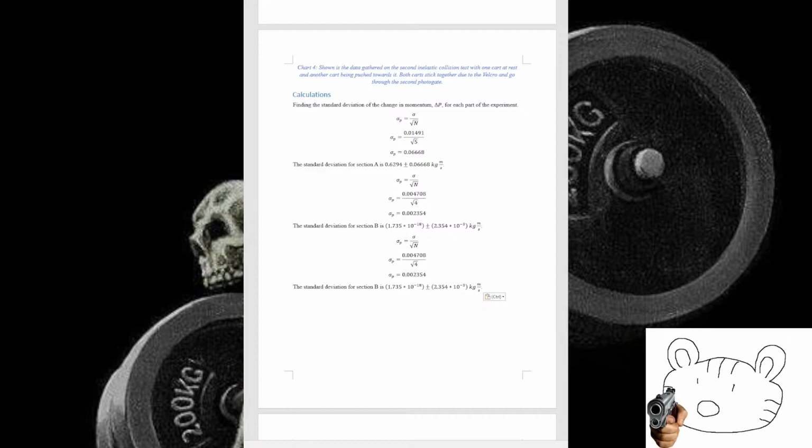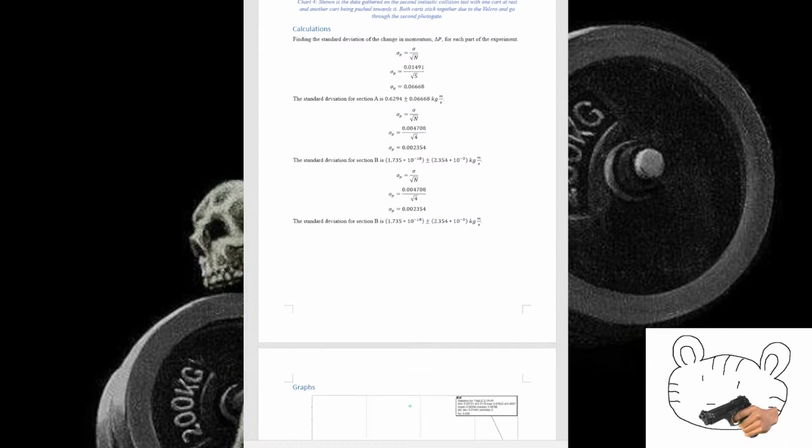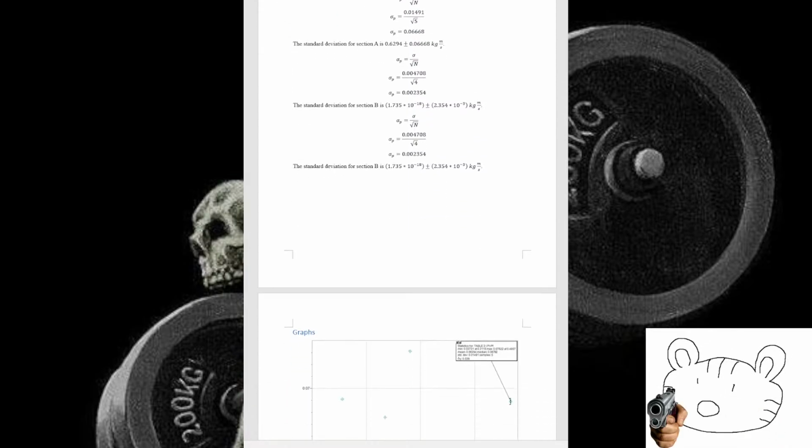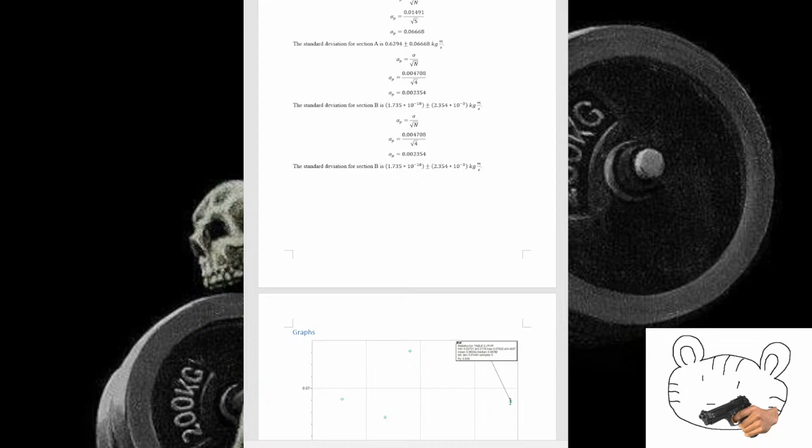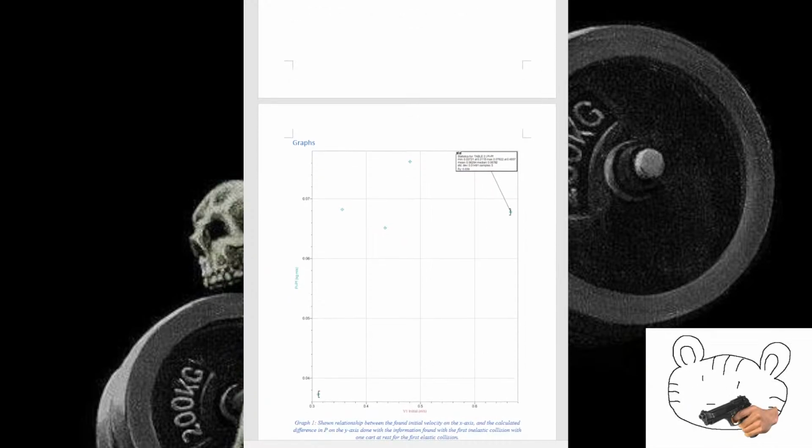See, this is what I mean by how lab reports are extremely tedious, because you're just doing the same thing over and over again. Okay, so for this one, did I not? No, I did do statistics for all of them. Sick.